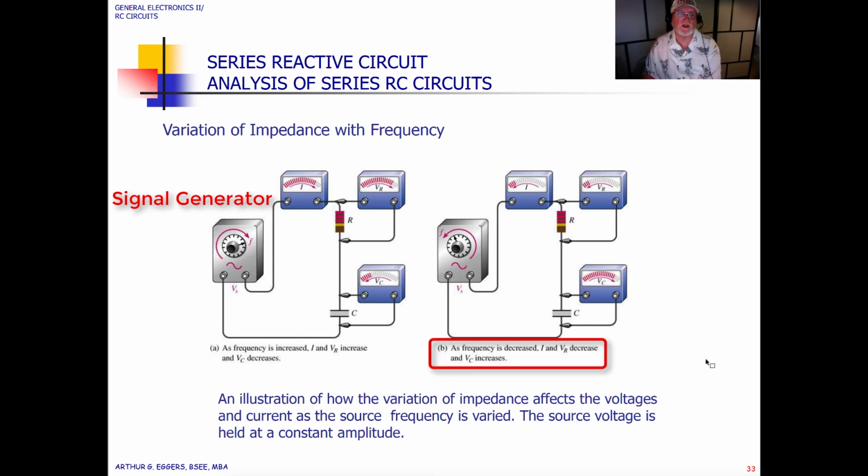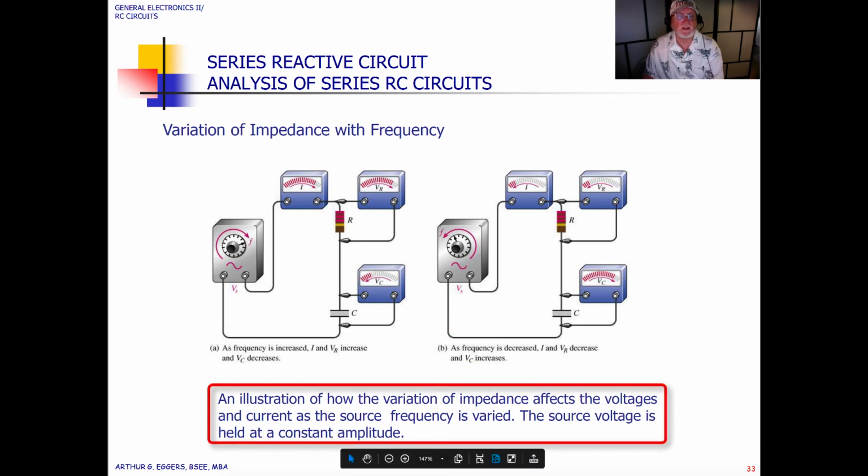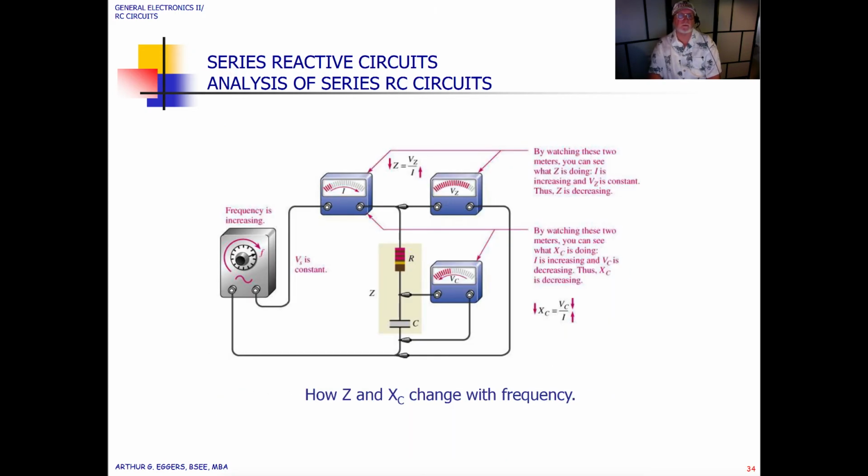So this is an illustration of how the variation of impedance affects the voltages and currents as the source frequency is varied. The source frequency is held at a constant amplitude, so that doesn't change. In the pictorial, what we're seeing is how the impedance and X sub C, the reactance, change with the frequency.